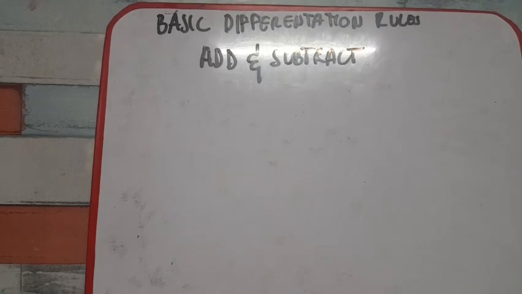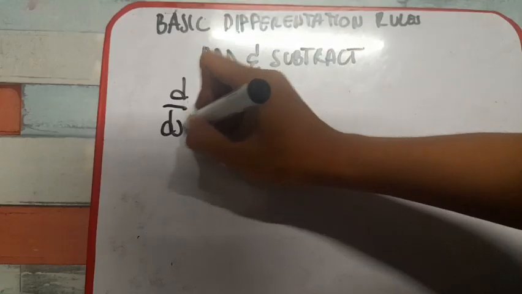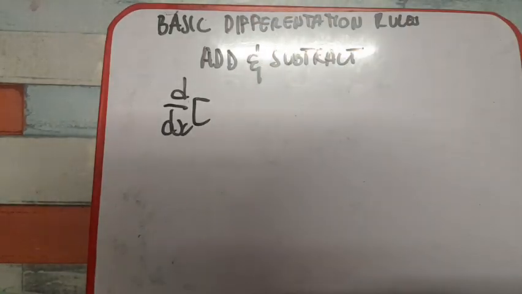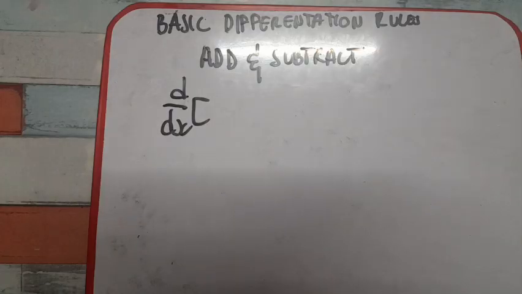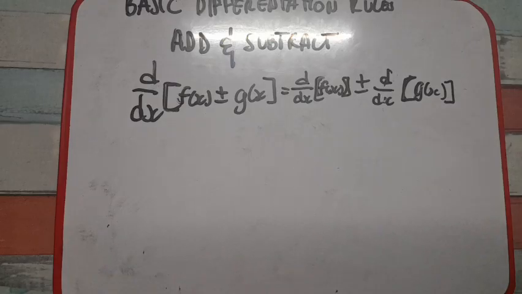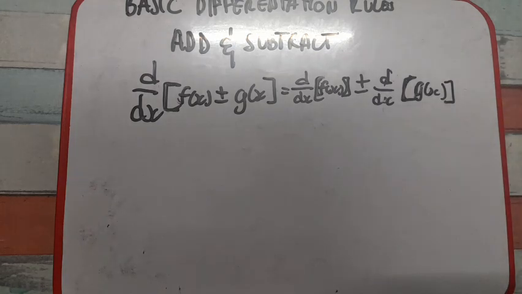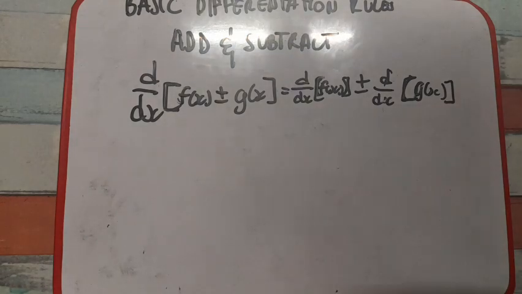Up next, we have addition and subtraction of derivatives. This looks like this. This is the sum and difference of derivatives.